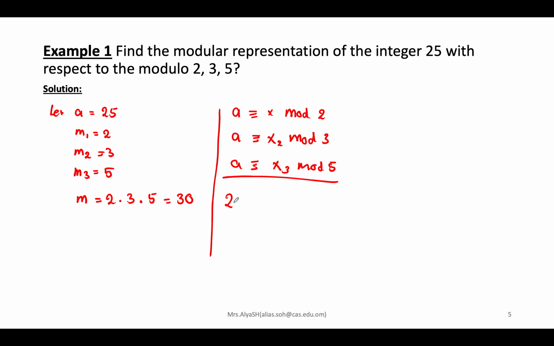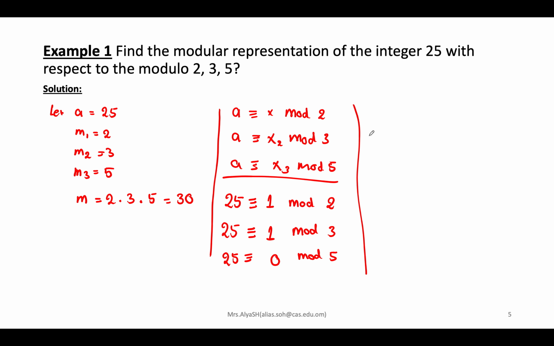When I divide 25 by 2, I get a remainder of 1. When we divide 25 by 3, I again get a remainder of 1. And when we divide 25 by 5, we get a remainder of 0.